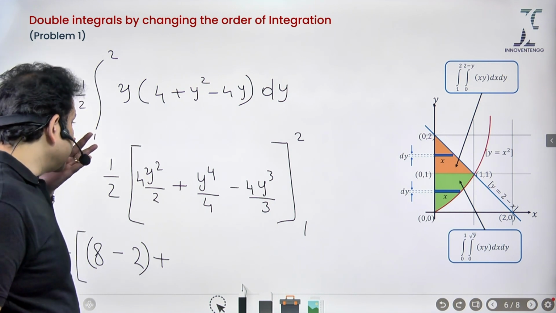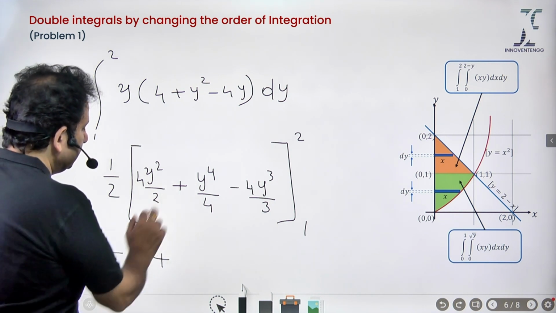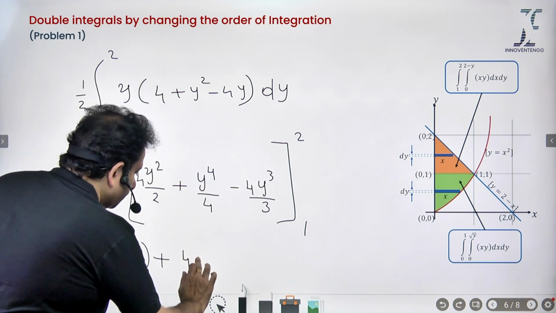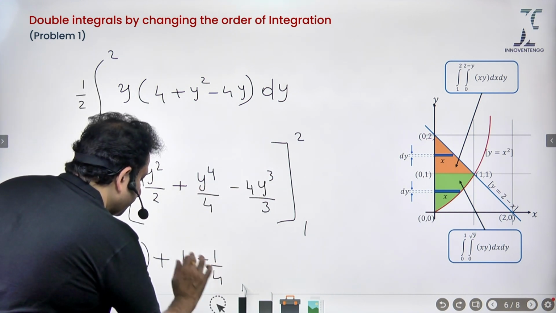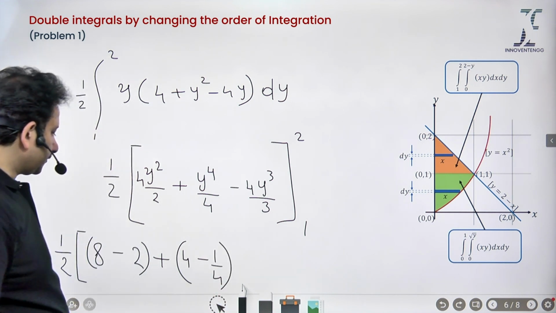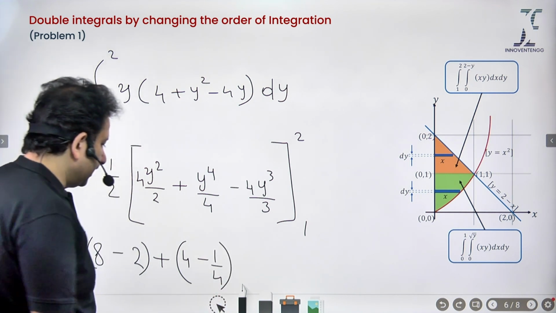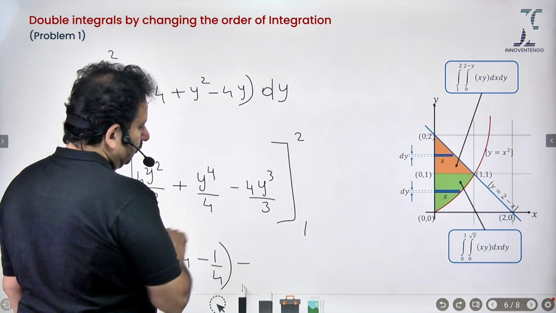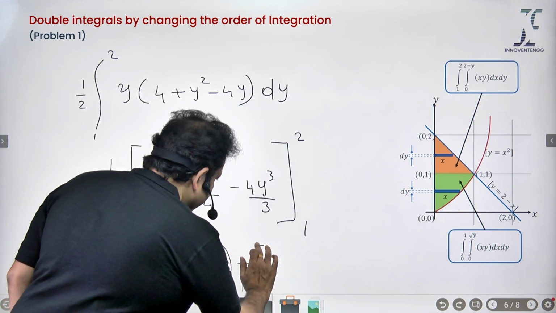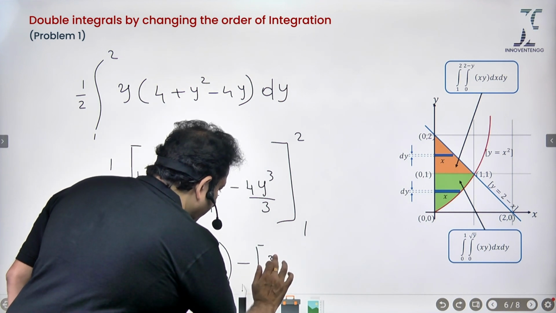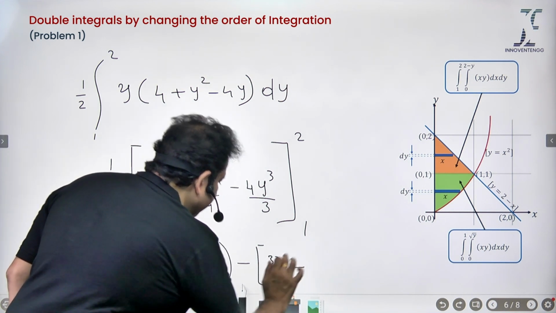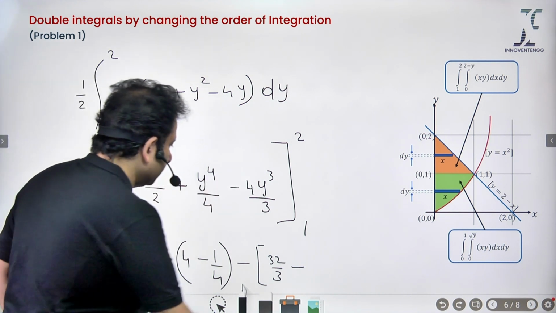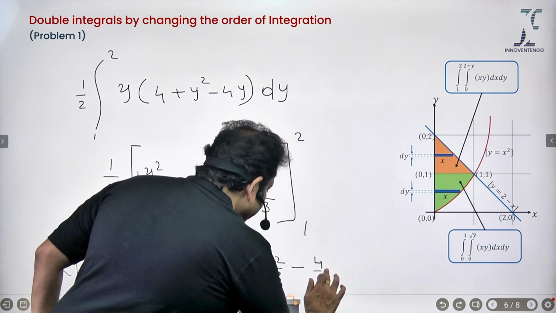You put y is equal to 2. You get 16 by 4. You get 4, and when you substitute 1, you get 1 by 4 for the next term. And then what about the last term? It is minus. When you put 2, you get 32 by 3. Okay, 32 by 3. And then minus. If you substitute 1, it is going to be just 4 by 3.